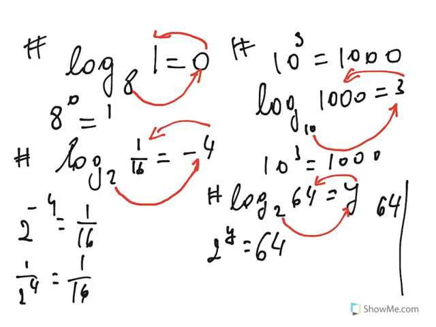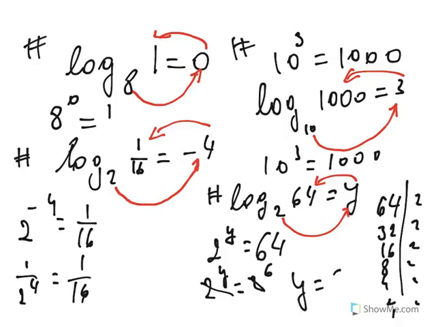Divide by 2 gives 32, divide by 2, 16, divide by 2, 8, divide by 2, 4, divide by 2, 2, and 1. I count the 2's: 1, 2, 3, 4, 5, 6. So 2 to the power of y equals 2 to the power of 6. The bases are the same, so y equals 6.